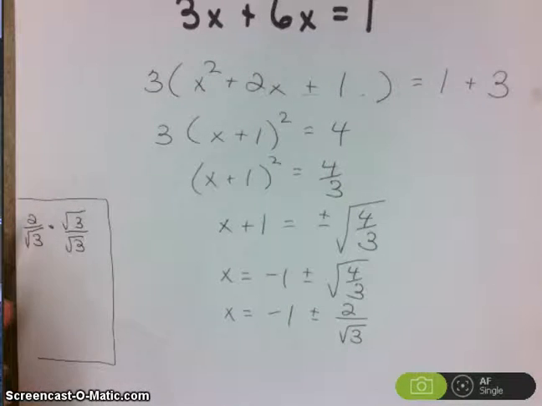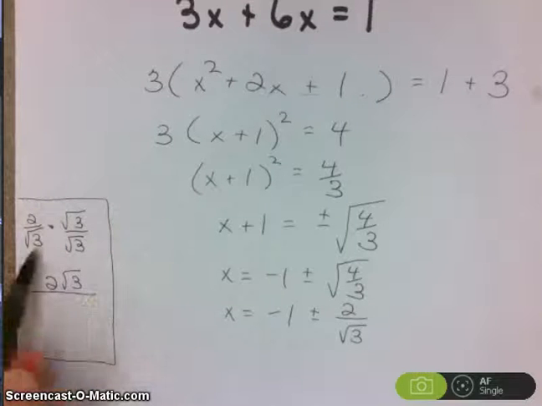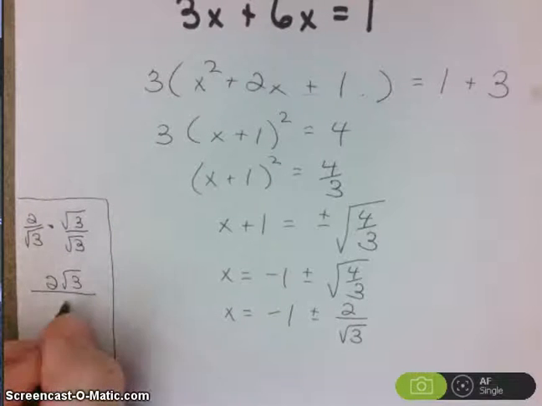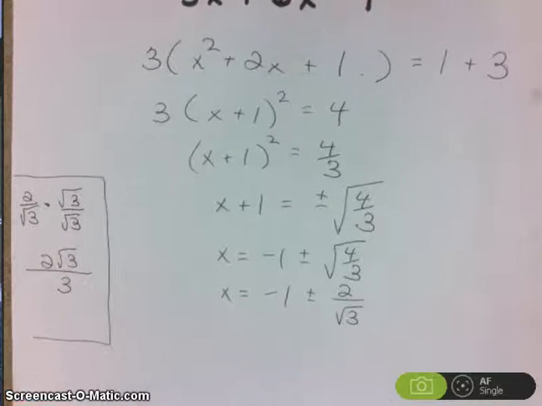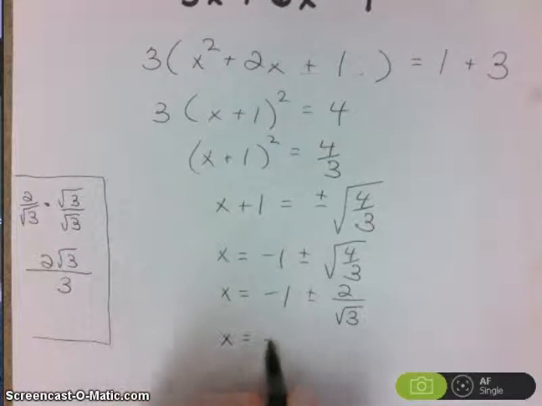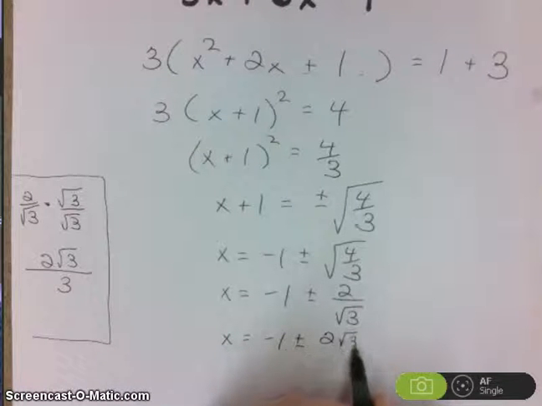So when I multiply the top, I get 2 root 3, and when I multiply the bottom, the square root of 3 times the square root of 3 is 3. Awesome. So now we have x is equal to negative 1 plus or minus 2 root 3 over 3.